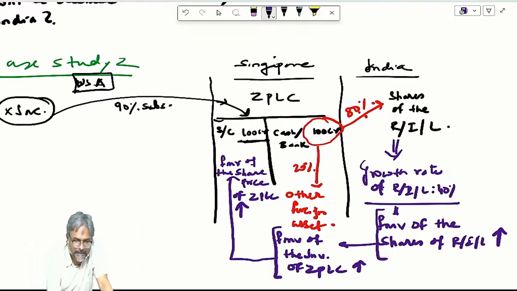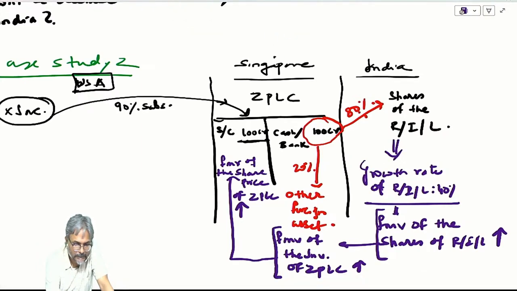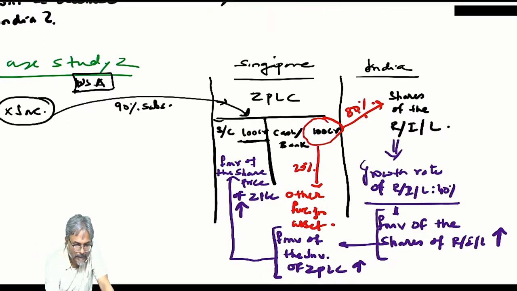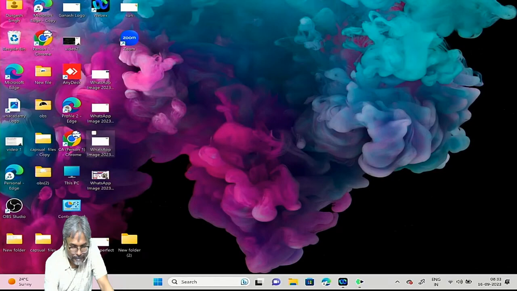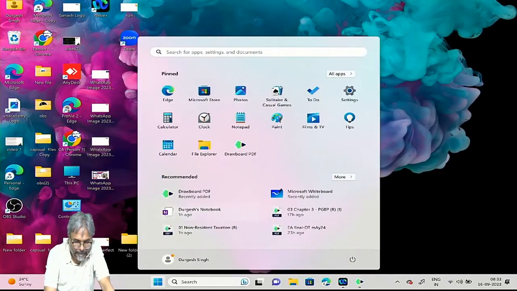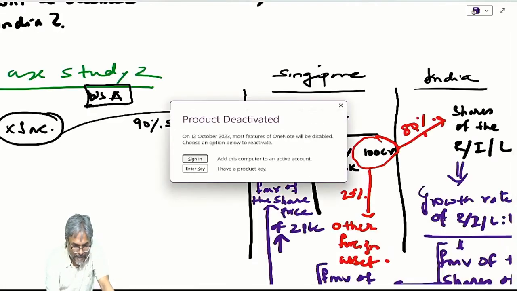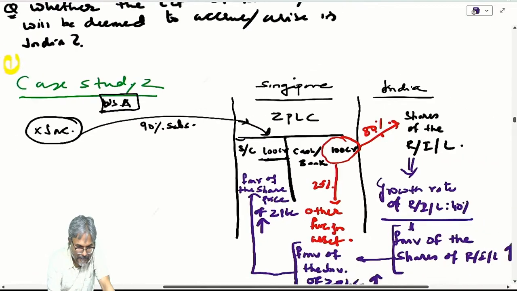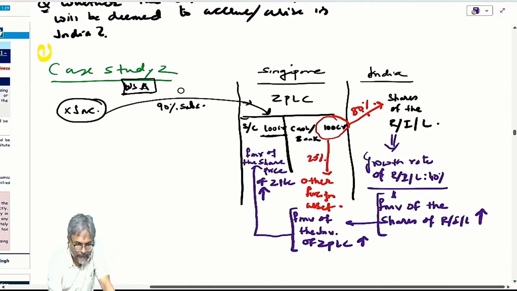So just take it the same way over here. Now if you see carefully, say for example this is again rupees 100 per share.